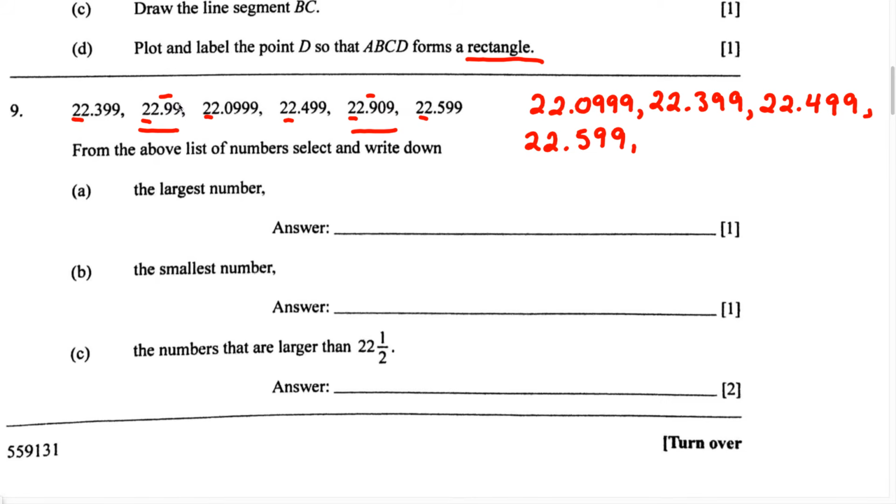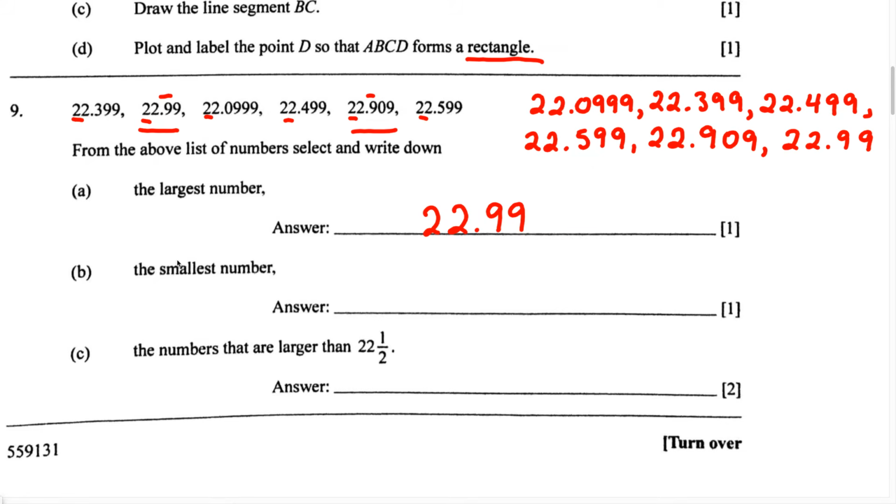Therefore, we can write this as 22.909, and our largest number is going to be 22.99. Now part A says, what is the largest number? Well, we know the largest number is going to be 22.99.